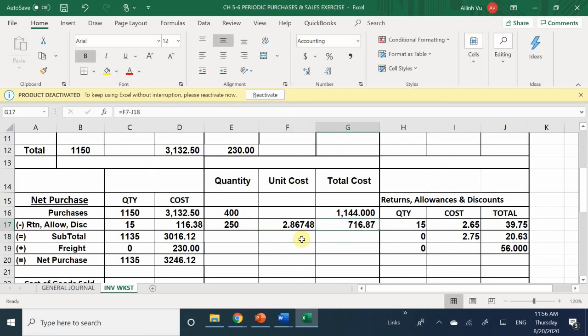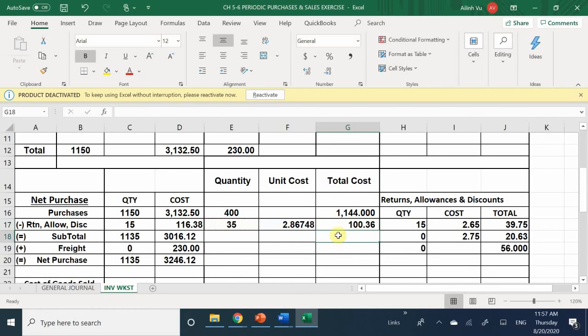Okay. So I get this number here. Because are we taking all 250 items? No. How many are we taking out? 35. Just only 35. So here I'm going to multiply them across since I found my new cost per item.